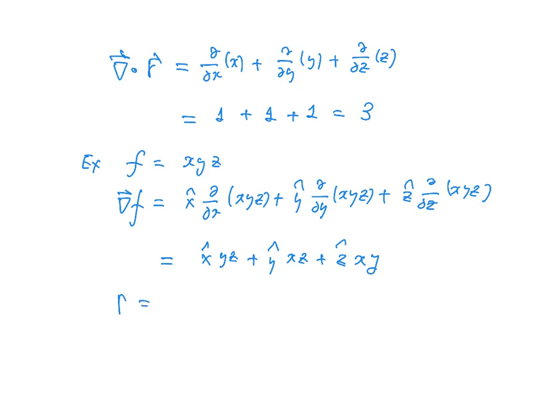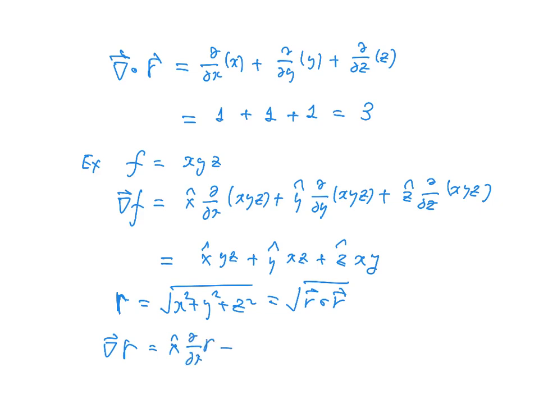Sometimes, in many cases, we have r, which is the square root of x squared plus y squared plus z squared, where r squared is r dot r. What is the gradient of f(r)? A bit complicated, right? It is (partial r over partial x, partial r over partial y, partial r over partial z). Maybe you need some space here.